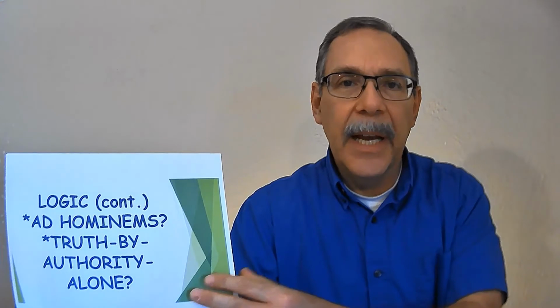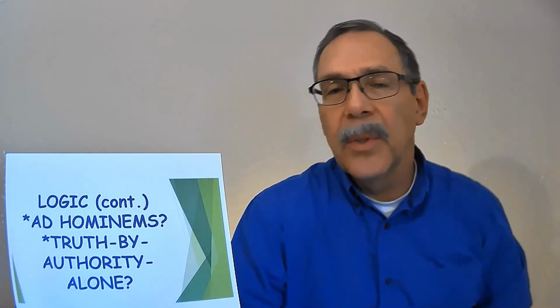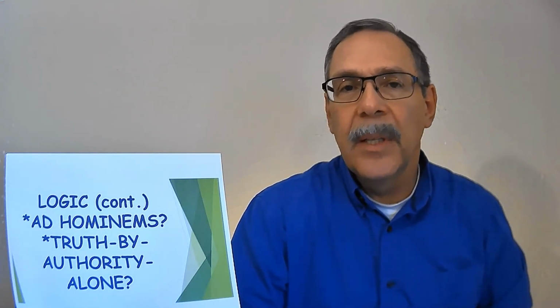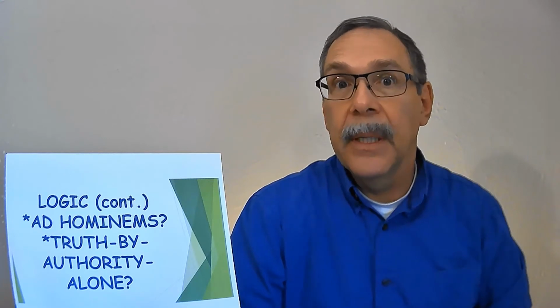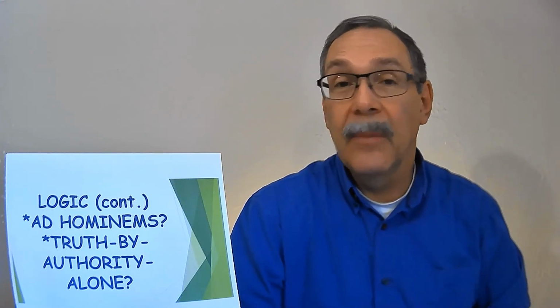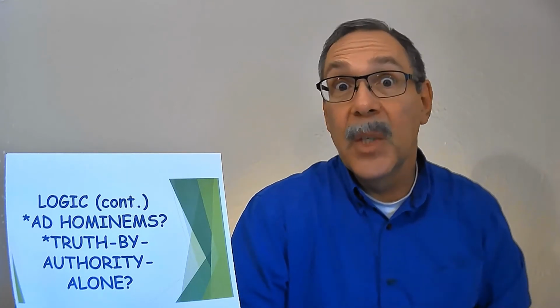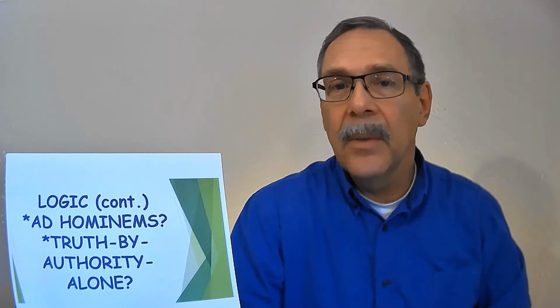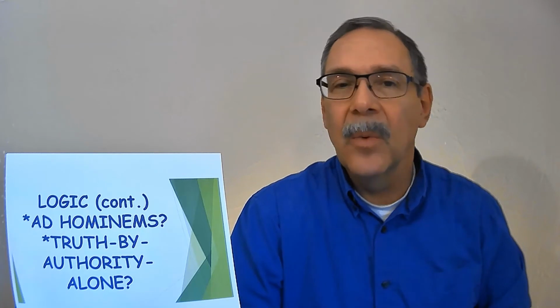Ad hominem attacks. The argument is wrong because the person who said it is a jerk, right? Well, we know that's not the case. There are all sorts of jerks who have great ideas, and a lot of nice people who have stupid ideas. So when you see ad hominem attacks, that's a red flag.